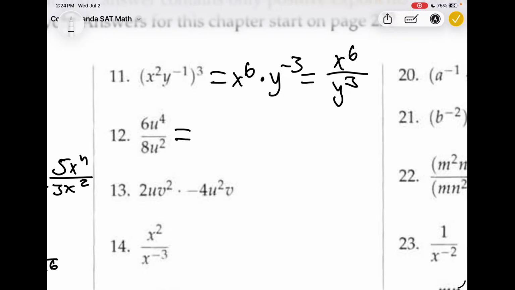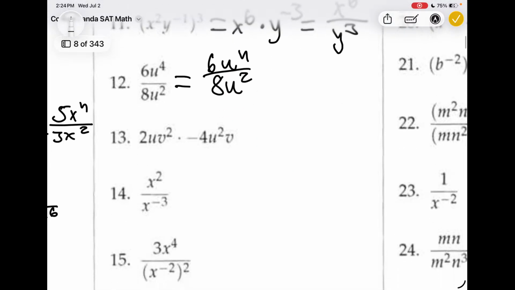Six u to the 4th over 8u to the 2nd. I mean, again, there's no negative stuff I can see here. So here, there's no negative exponents here either, so again, I think we can just leave this as is.